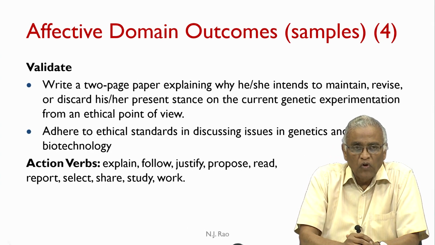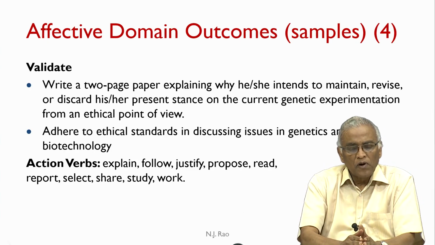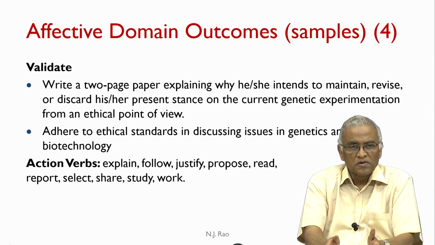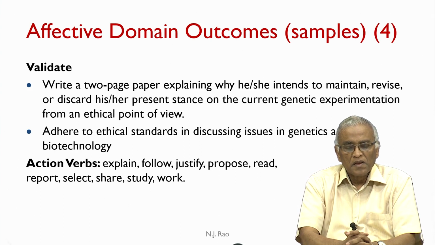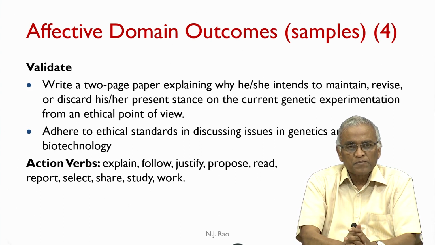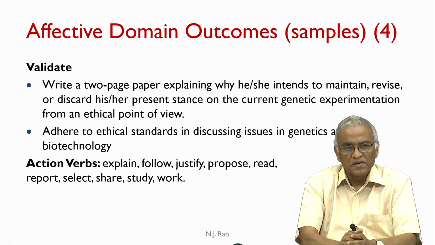Then validate. Though you are following, for example, I may follow a certain standard because it has to be followed, but I am not fully convinced of all the provisions in that ethical standard. Now, the next level: write a 2-page paper explaining why he or she intends to maintain, revise or discard his or her present stance on the current genetic experimentation from an ethical point of view.